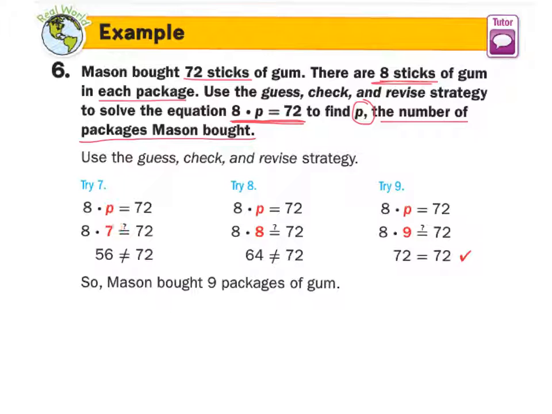They tried 7. Well, 8 times 7 is 56, which is too small. They are not equal. So they went up and tried 8. 8 times 8 is 64, which is not equal to 72. So they went one higher and tried 8 times 9, which is 72. And so our answer is 9, and he bought 9 packages of gum.